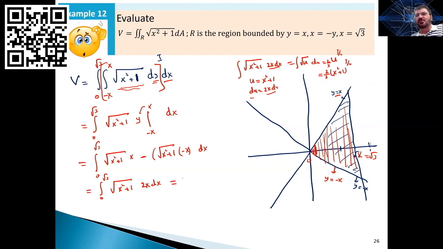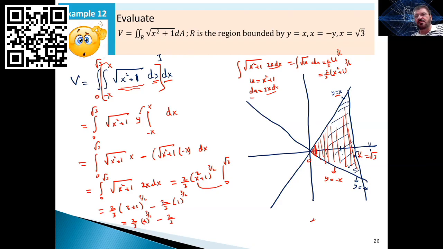So this is equal to 2 over 3 times x squared plus 1 to the 3 half, from 0 to square root of 3. What do you plug first? Square root of 3. So this is 2 over 3, and if I put square root of 3 for x, we get 3 plus 1, to the 3 half, minus 2 over 3. Put the 0, you get 1 to the 3 half. I'm replacing now with 0. This is 4, so this is 2 over 3 times 4 to the 3 half, minus 2 over 3, because this is 1.